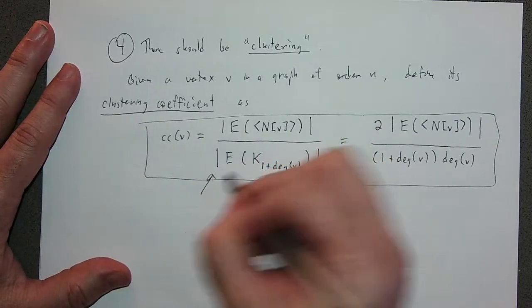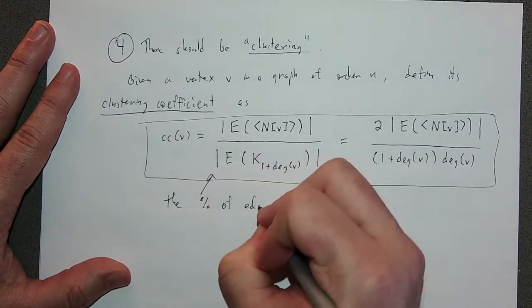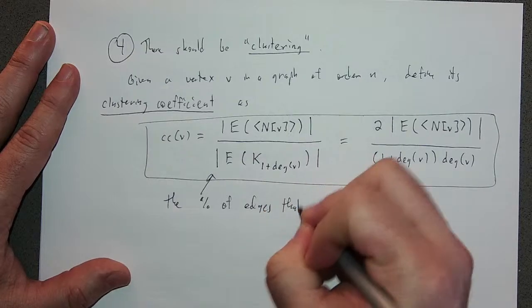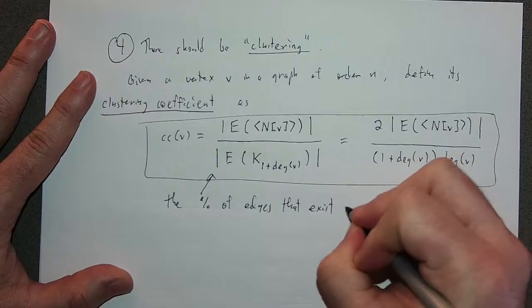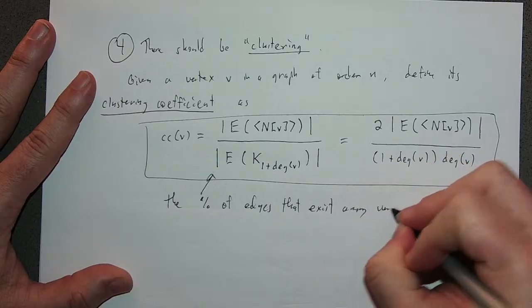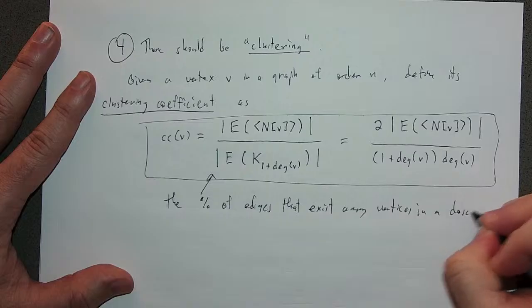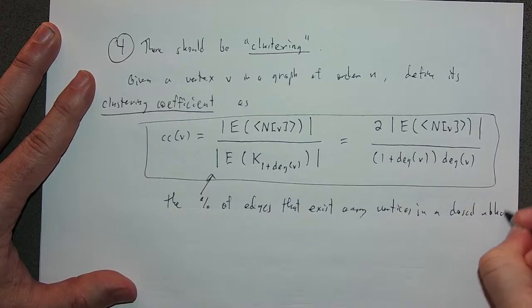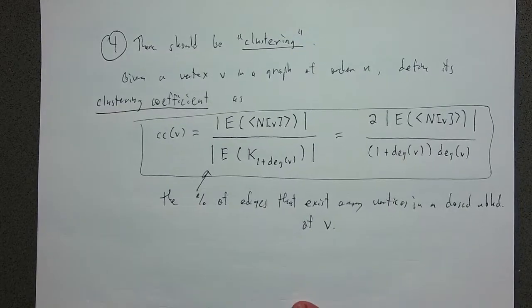So this is the percentage of edges that exist among vertices in a closed neighborhood of V. So now that makes a lot more sense.